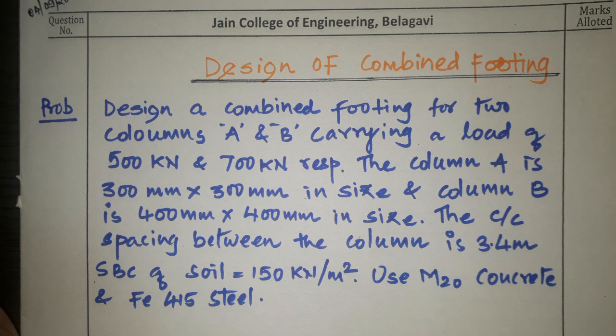In module 1 we have to design the RCC structural elements, and in module 2 we need to design the steel structural elements. As I told you, in the first module, that is part A, we have 9 types of design, and in part B, that is module 2, we have 6 designs.